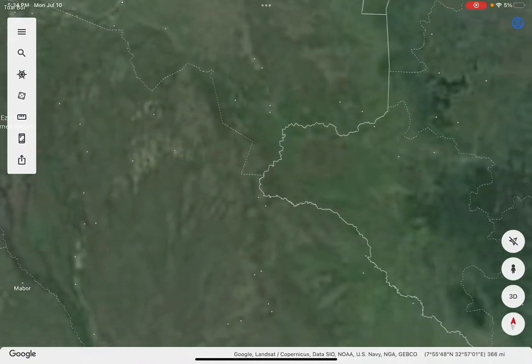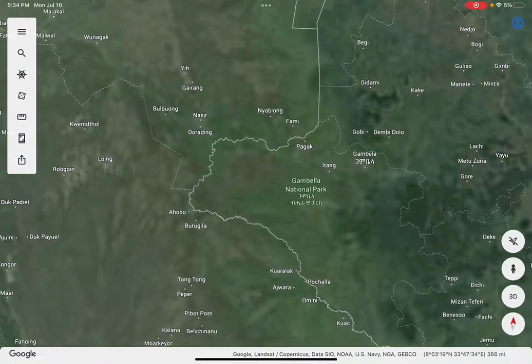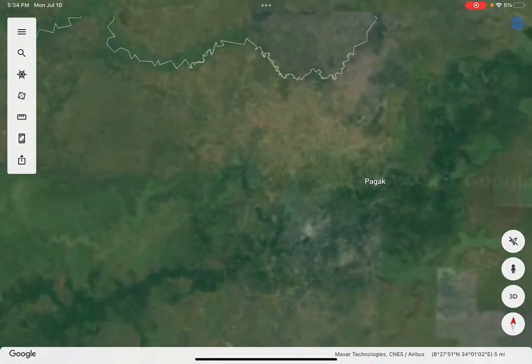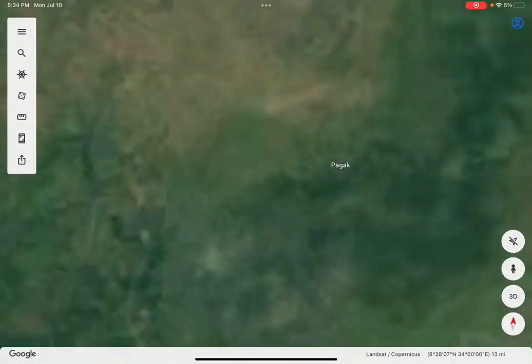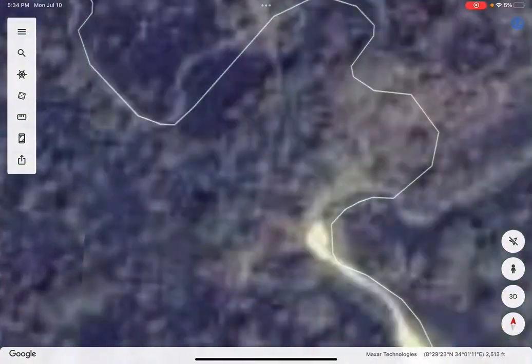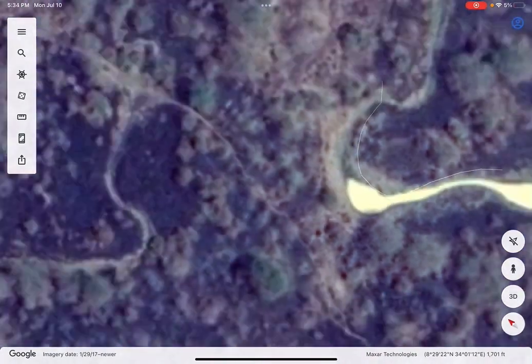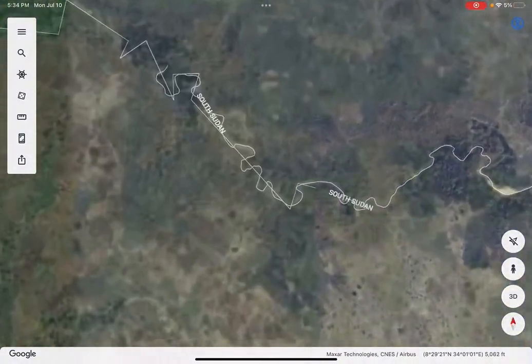And there's the Gambela region in Ethiopia, and there's Pakak. Pakak is a little town really close to the border with South Sudan, but it's in Ethiopia right here. This is a river between Ethiopia and South Sudan, so this separates the countries.